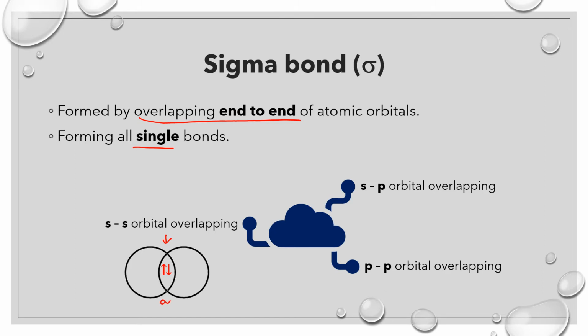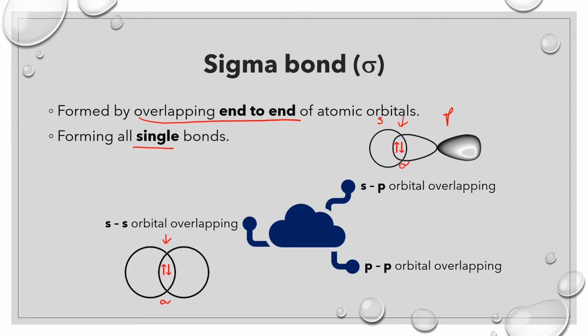Dan untuk SP overlapping pula, okay, melibatkan overlapping di antara satu S dan juga satu P orbital. So ini S, ini P. And the area overlapping here okay, akan berkongsi sebanyak dua elektron ataupun sepasang elektron. So inilah yang menunjukkan pembentukan of the single covalent bond ataupun sigma bonding.